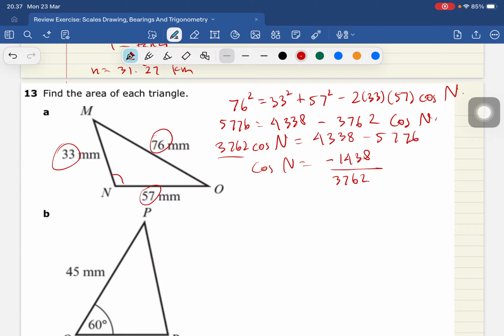So we can just use inverse cos on the calculator: cos inverse of negative 1,438 divided by 3,762 equals the angle n. I will find it using a calculator.